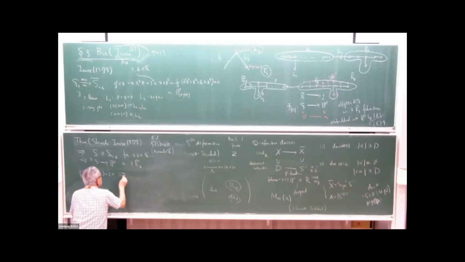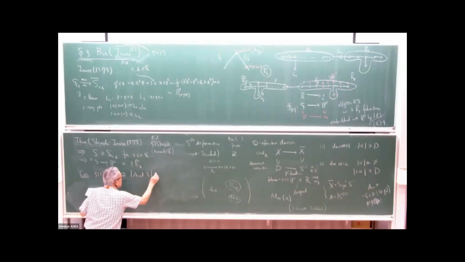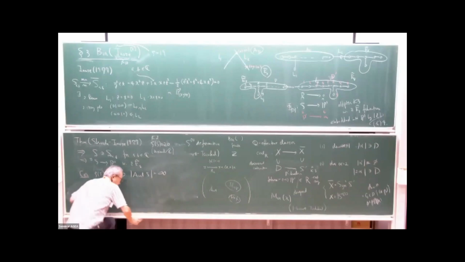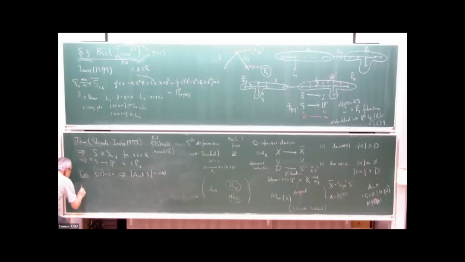So when the Picard number is maximal, the automorphism group is always infinite. Maybe that's the first theorem about the automorphism group in view of finiteness or infiniteness. The proof is not so difficult if one knows the Shioda-Tate formula.